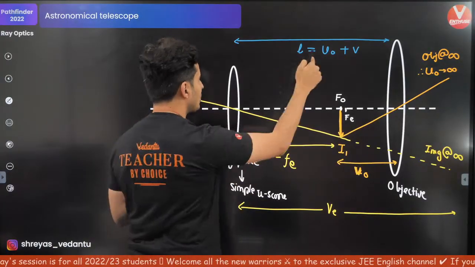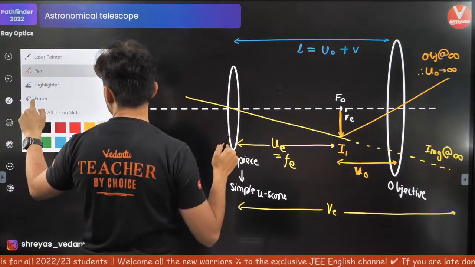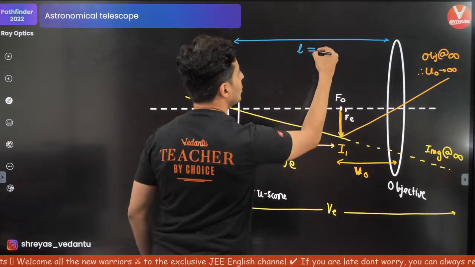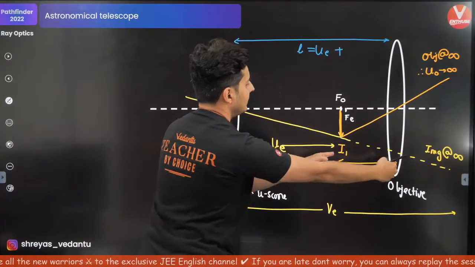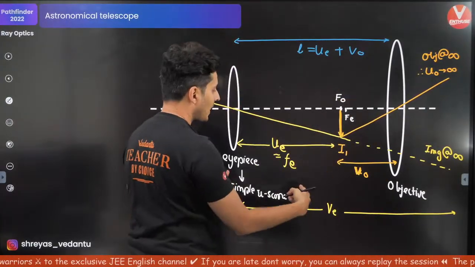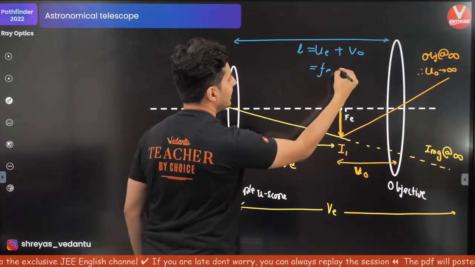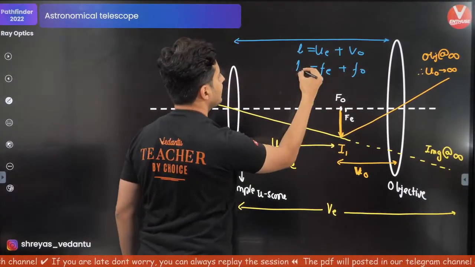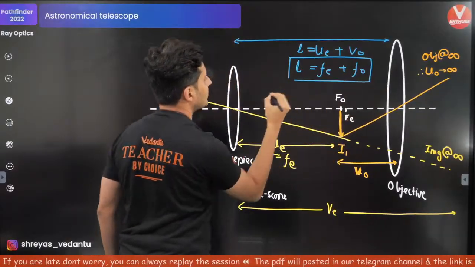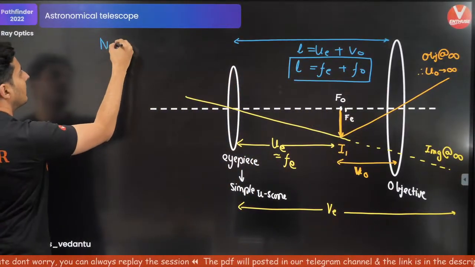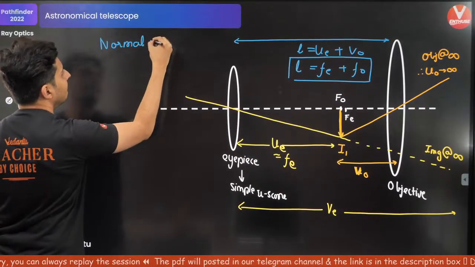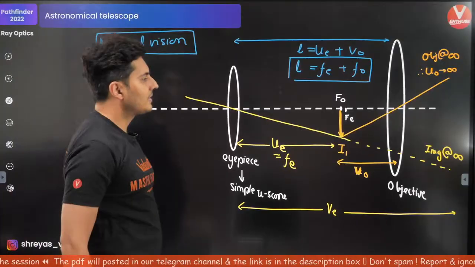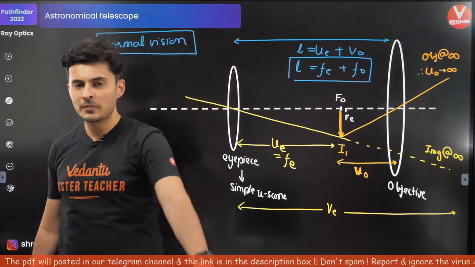I'm so sorry. So this length should be nothing but UE plus this distance, which is VO. And UE is nothing but FE, and VO is nothing but the focal length, which is FO. So that's the length of the telescope. This is always under normal vision. So that's why the image is formed at infinity.